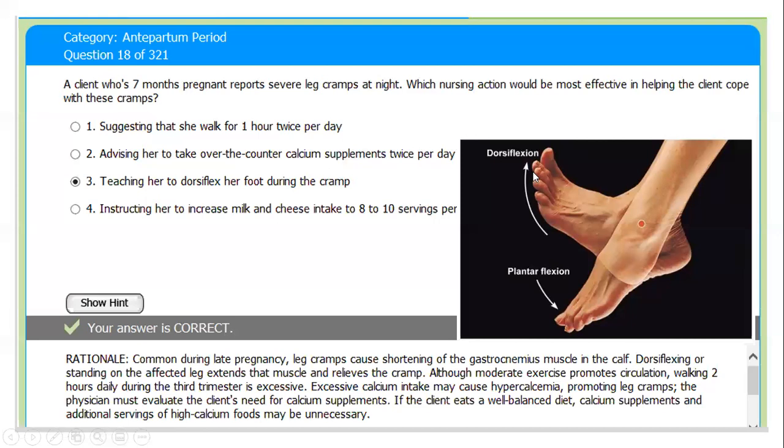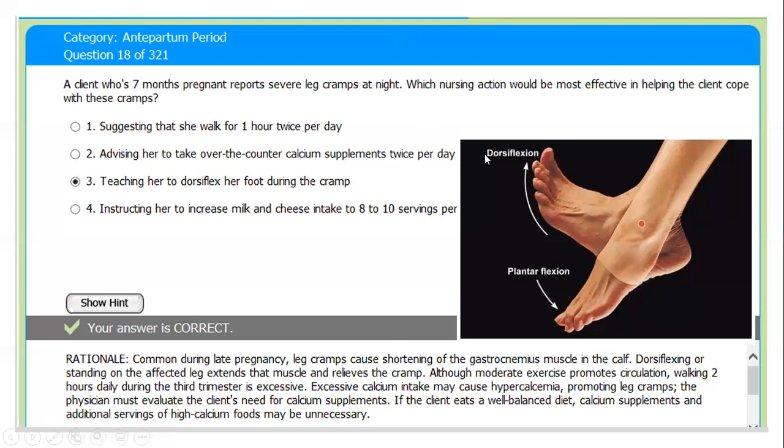Usually people use dorsiflexion when they walk, during the middle stage of weight bearing or just before pushing off the ground. Plantar flexion is actually the opposite.